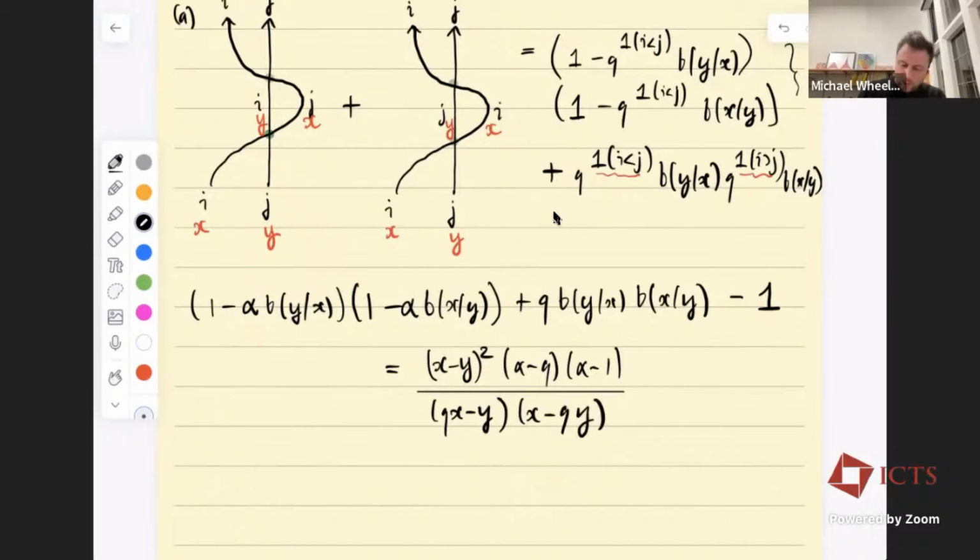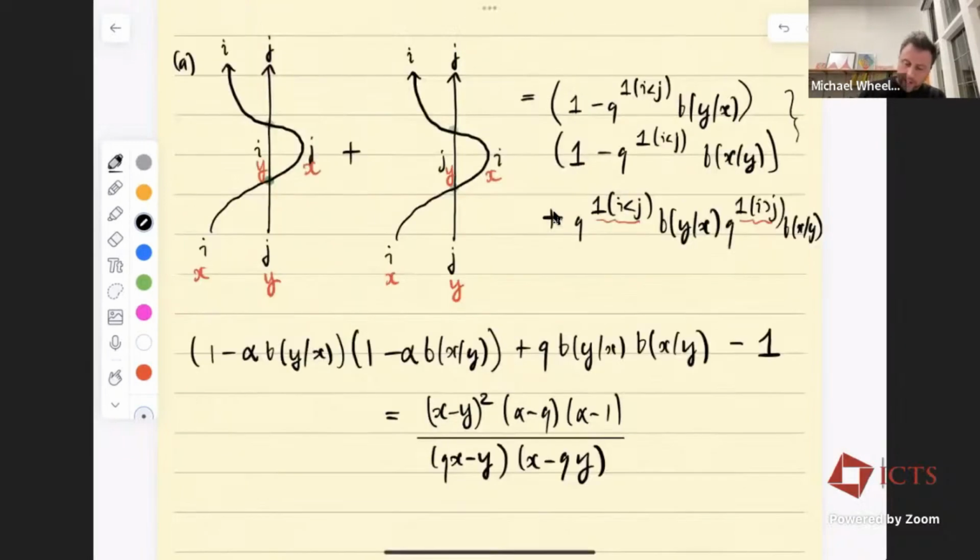And indeed, substituting the two possible values for alpha, so these things are representing alpha here, it's either equal to 1 or q, and in both cases that gives you a root of this numerator. So indeed, this quantity is equal to 1, regardless of what happens with this.